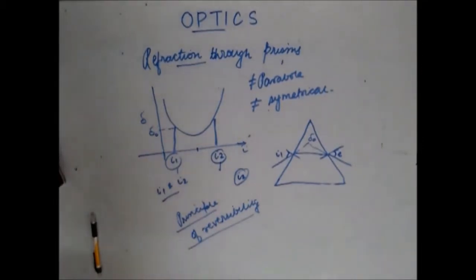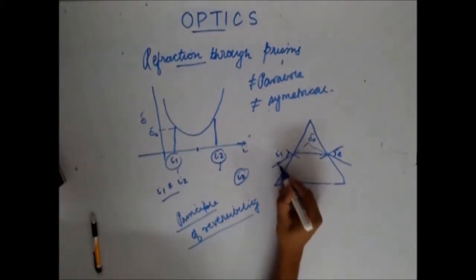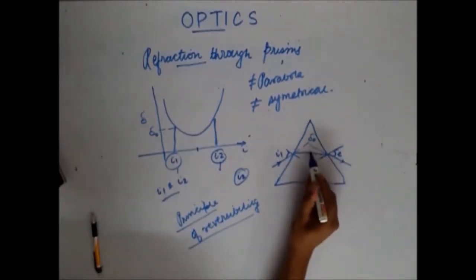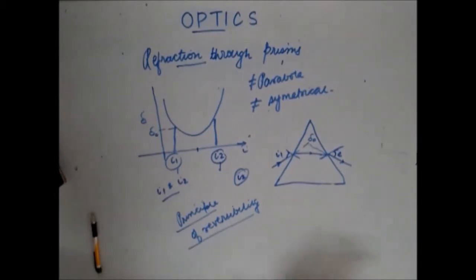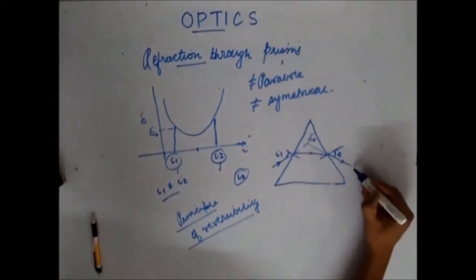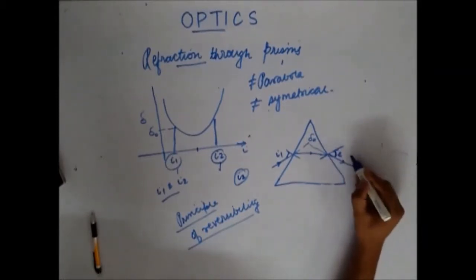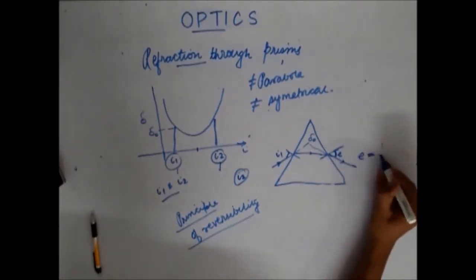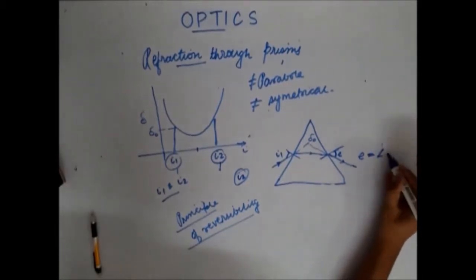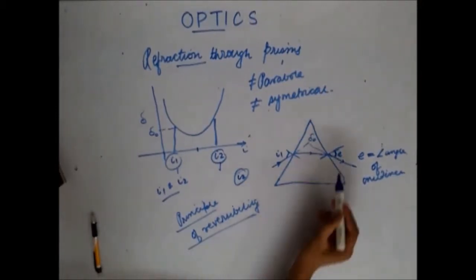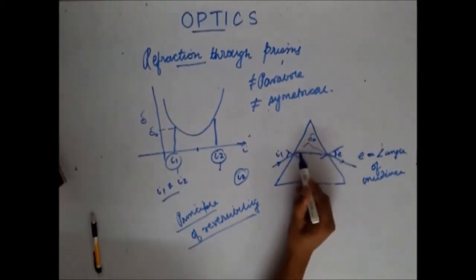Let's see. You know that if this is the incident ray and this is the refracted ray, light is traveling in this path. Now if I reverse the situation, if I throw light in this direction with E as my angle of incidence, then according to the principle of reversibility, the light will retrace the same path.